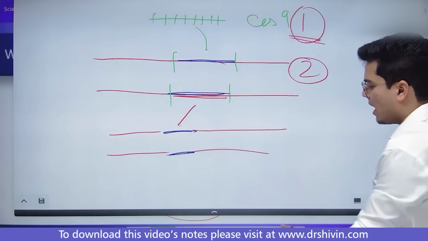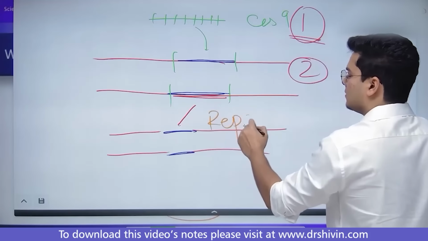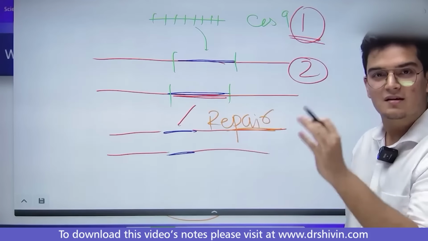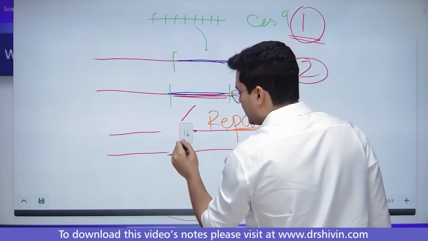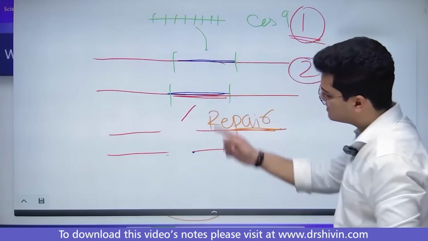So what do I do? I introduce something called a repair template. I am not introducing a foreign gene. But to ensure that the repair does not lead to the formation of the same bad gene, I introduce a template like this.